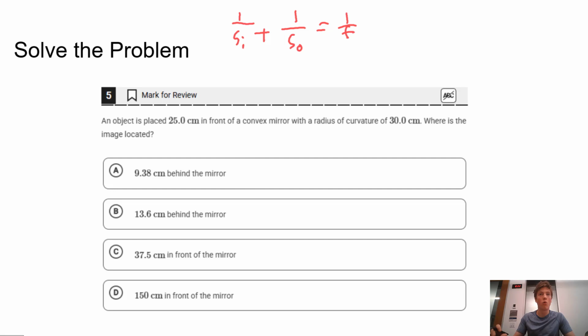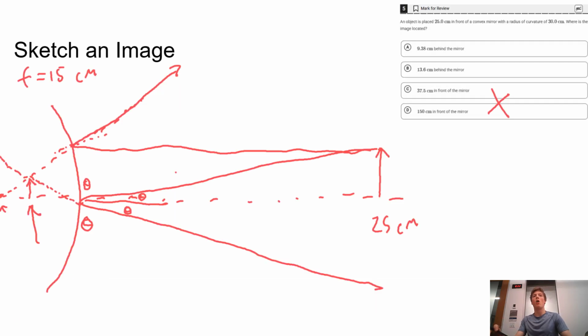The important thing for this formula is that we get our negatives and positives correct. The correct way to do this is to ask what way the light is going. We can see the light is going this way, so the positive has to be over here, and the negative has to be over here. So we can say the focal point is in the positive direction, since our focal point is right there.